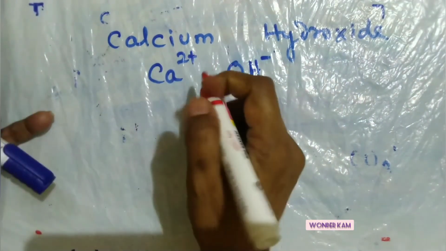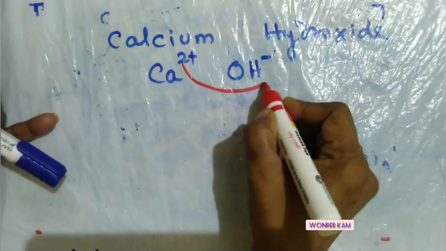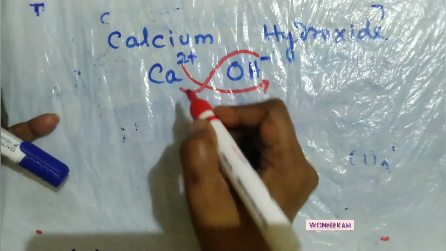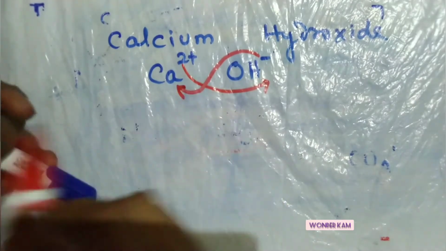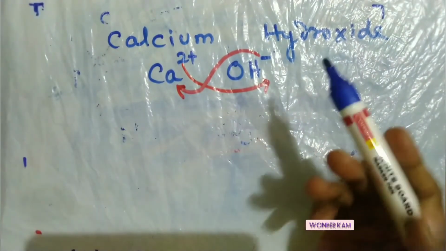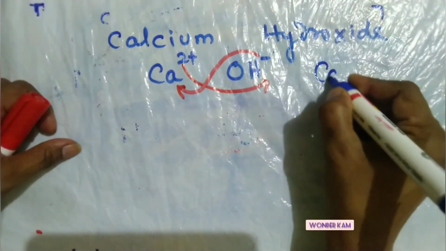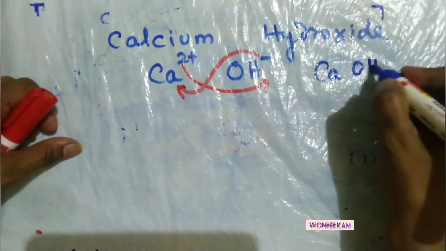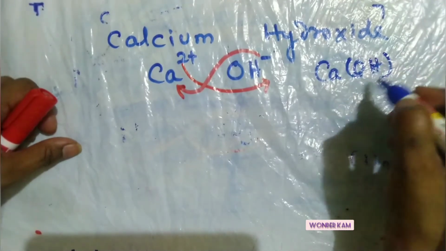When we cross them, the 2 comes to the bottom right corner of hydroxide, and the 1 goes to calcium. We won't write the 1, but in the case of hydroxide we will put a bracket.